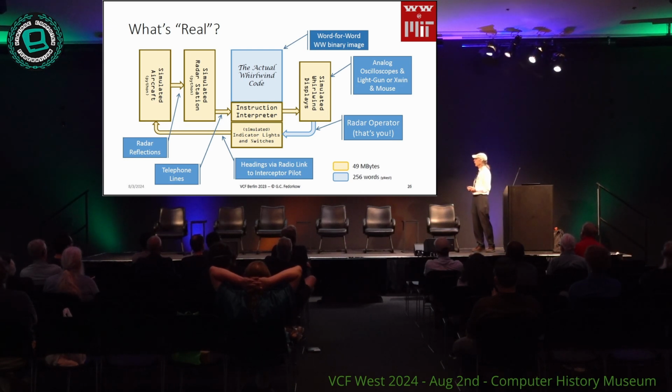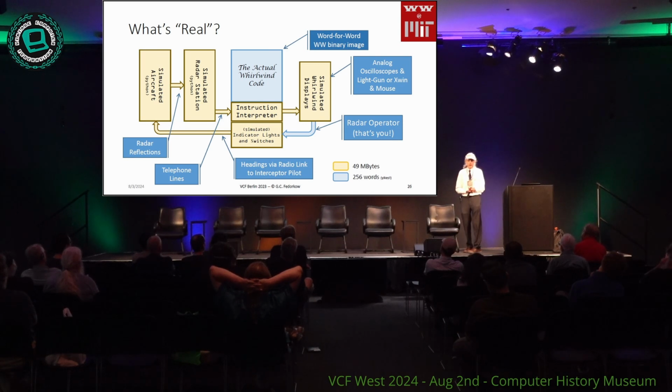But surrounding that are simulated airplanes, a simulated radar station. The buttons and lights, that's not so hard. And then the display system is, of course, simulated on a laptop.